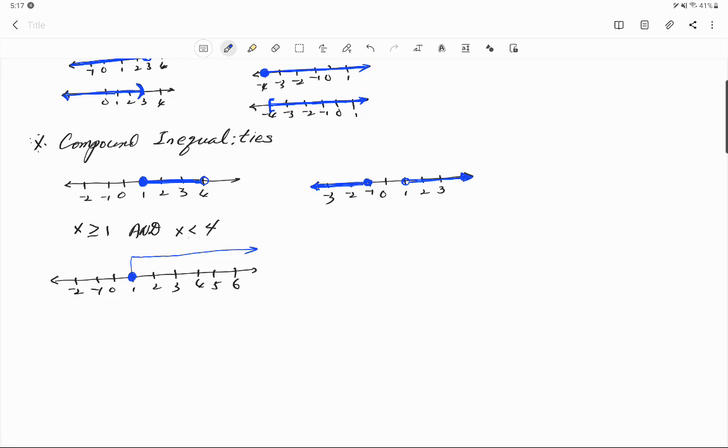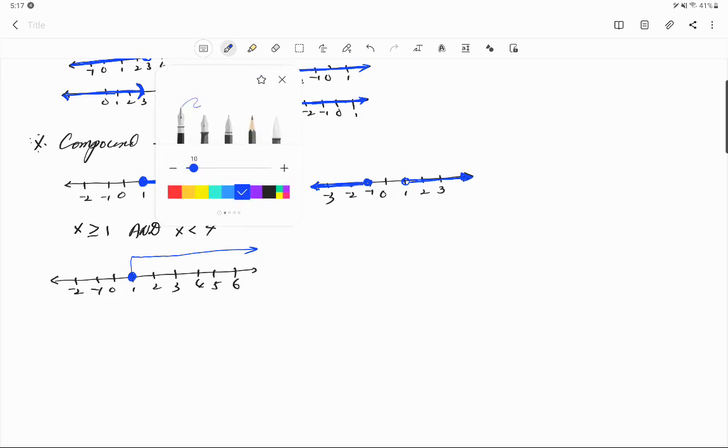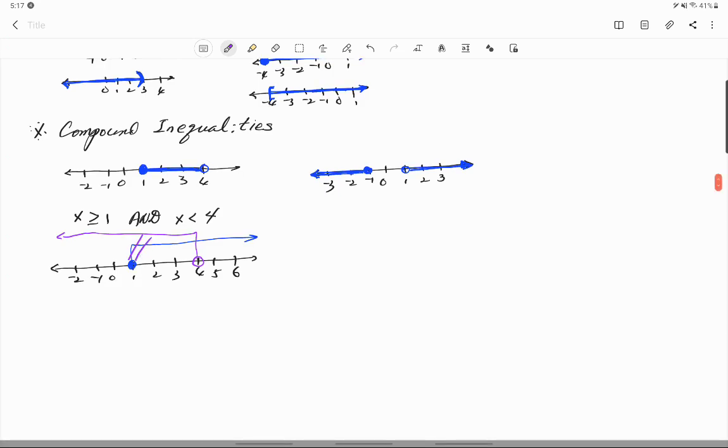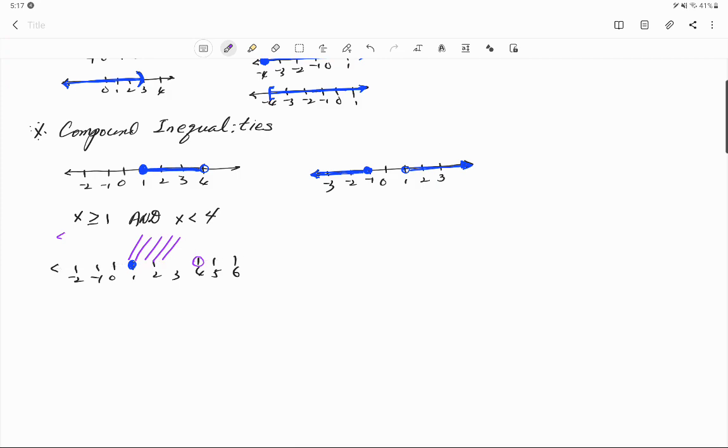And then, and, x is less than 4. Less than 4 means going all the way to the left, right? Here is 4. 4 is not included, and then go all the way to the left. Since we are using the conjunction and, it has to be the overlapped area. The overlapped area is this area, right? This area indicates starting from number 1 and all the way up to 4.